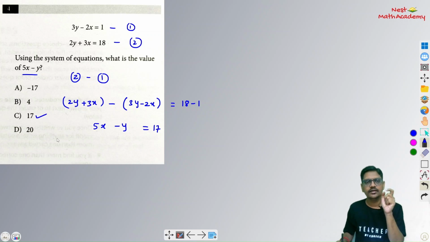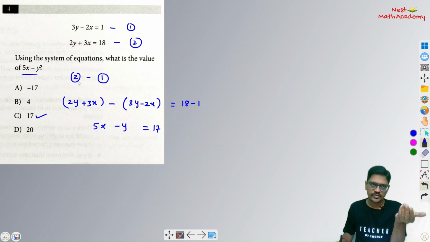Okay, here this is an observation based question. If you haven't observed this, then the other way is that you don't know that by subtracting equation 1 from 2 you will directly get the given expression itself, or else they're asking something else, like 13x plus y or something like that, which you cannot directly create from the observation.